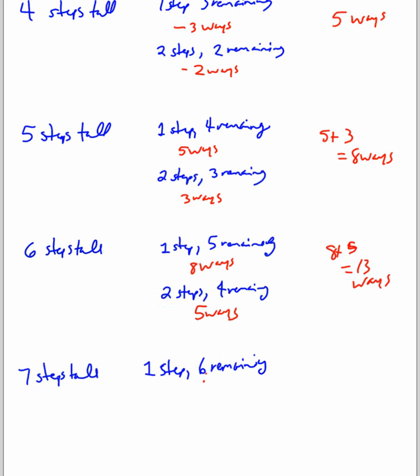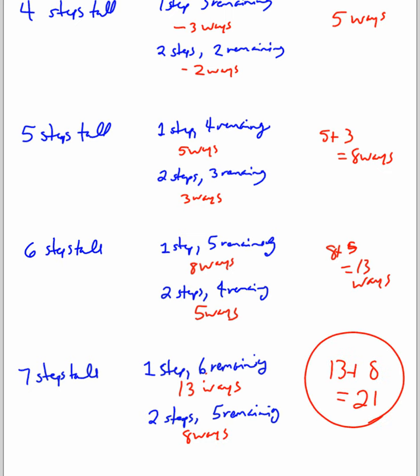But based on the work that I just did, I know that there are 13 ways of doing that. Alternatively, I could first take 2 steps and have 5 remaining. But based on what I did up here with 5, I know there are 8 ways of doing that. So I know there are 21 ways of doing 7 steps.